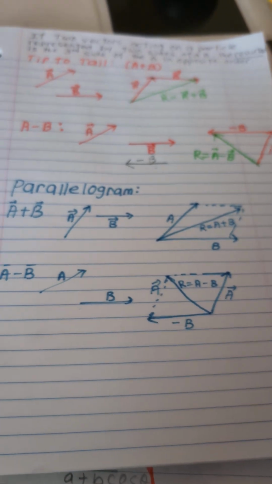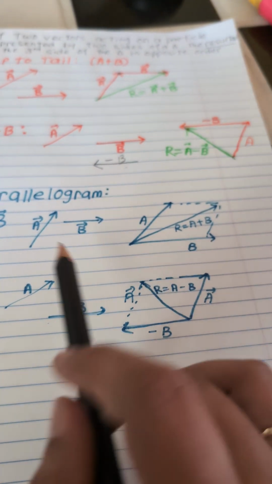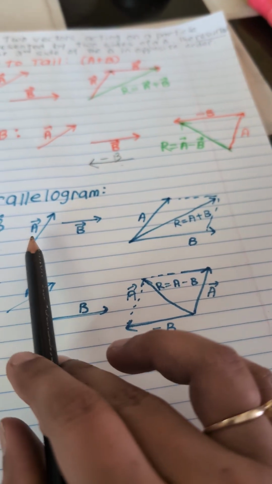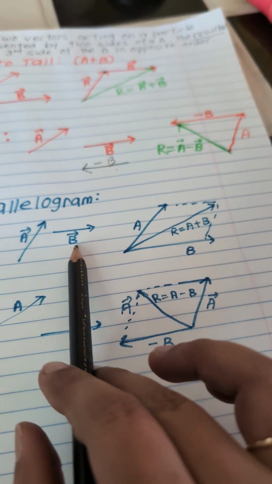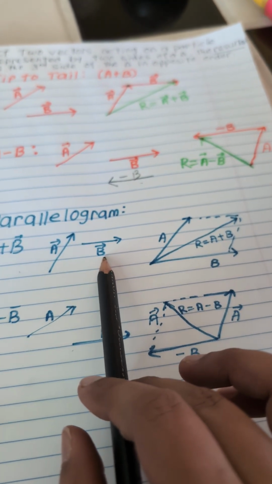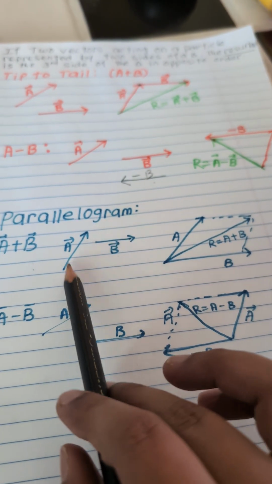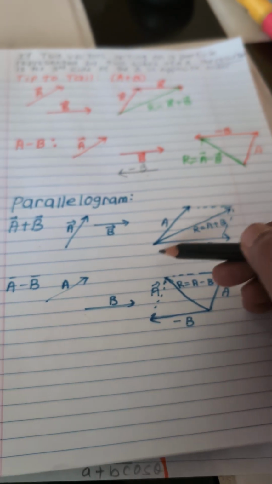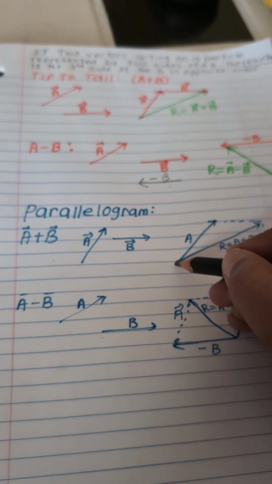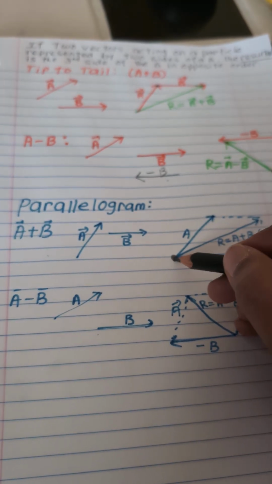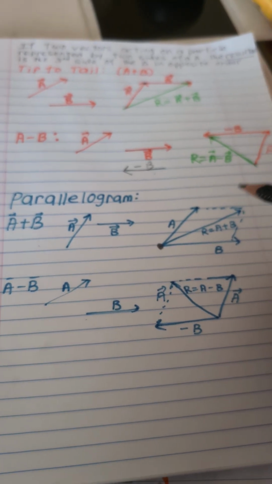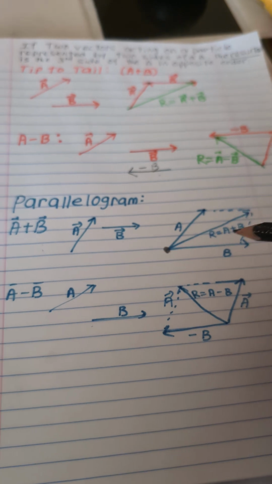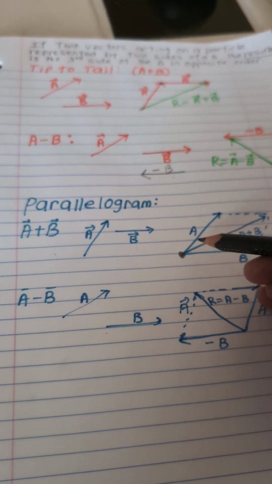Now the other one is the parallelogram law, for A plus B. If you have two vectors A and B, to find the resultant, you can put vectors A and B as the two sides of the parallelogram acting at the same point. If this is the origin, you have to draw the two arrows from the same origin point.